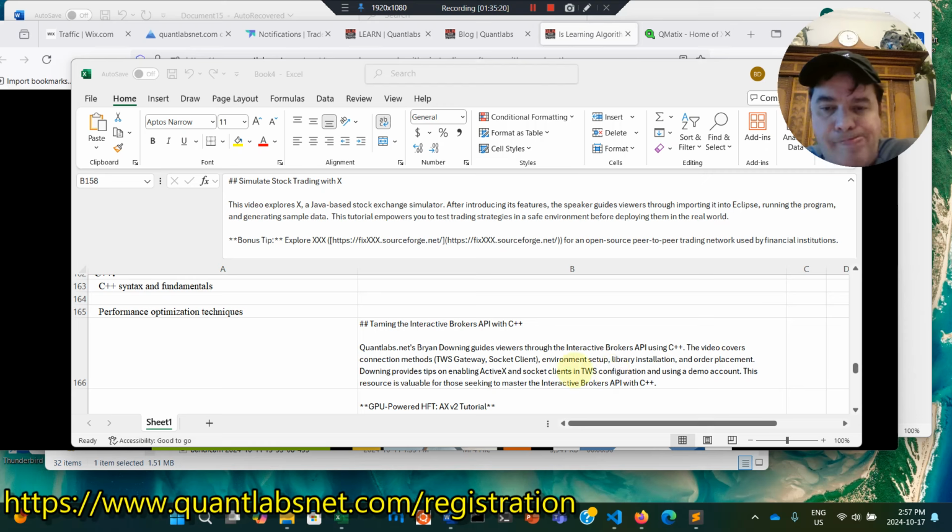So this one is guiding viewers through Interactive Brokers using C++ and covering TWS, Gateway and socket client, which you don't hear a lot of, the environment setup, library installation, and order placement.